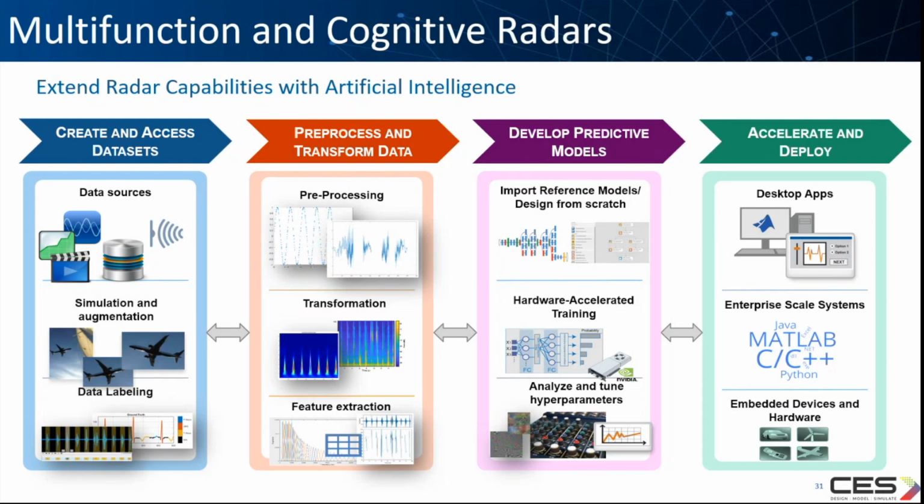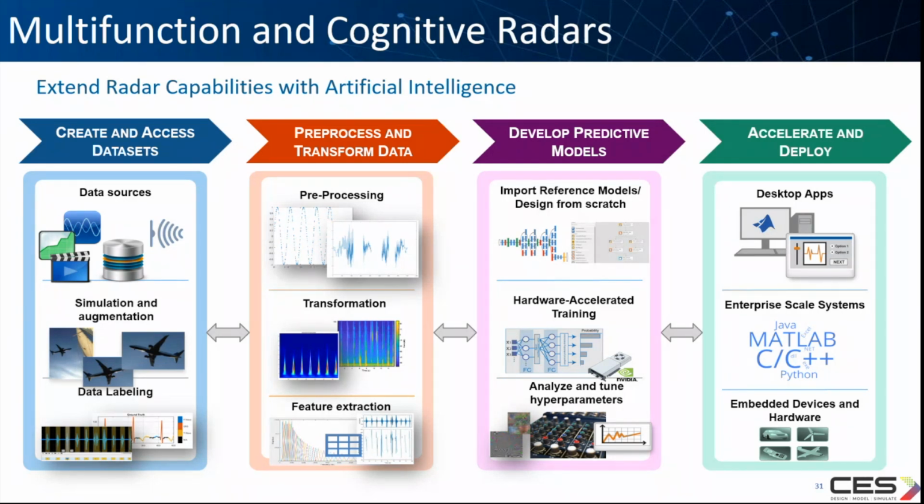Our artificial intelligence workflow starts with creating and accessing datasets, pre-processing and transforming data, and then building predictive models, and eventually you would like to accelerate the training and deploy to production.